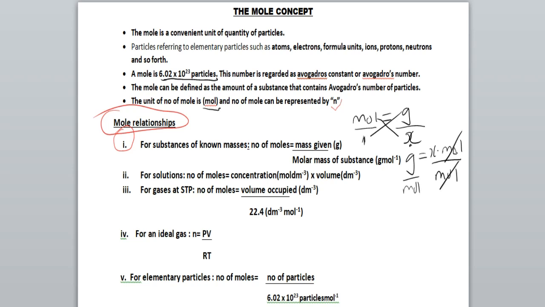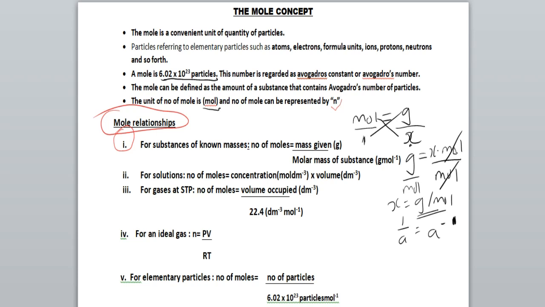Then when you divide both sides by our mole, we have X is equal to gram over mole. So this is gram per mole. It can be written like this, but mathematically, according to indices, we all know that 1 over a is the same thing as a raised to power minus 1.